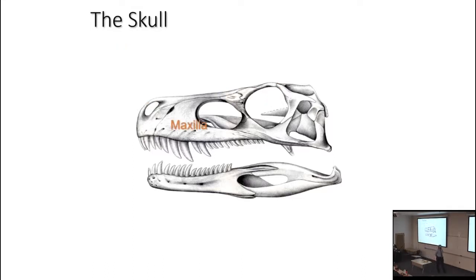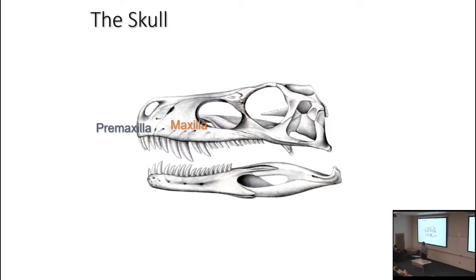Now some of the individual bones. There are three major tooth-bearing bones in the faces of dinosaurs and mammals and most other toothed land vertebrates. In the upper jaw, there are two of them, the maxilla and the premaxilla. And I should point out, essentially all skull bones have a left and a right.